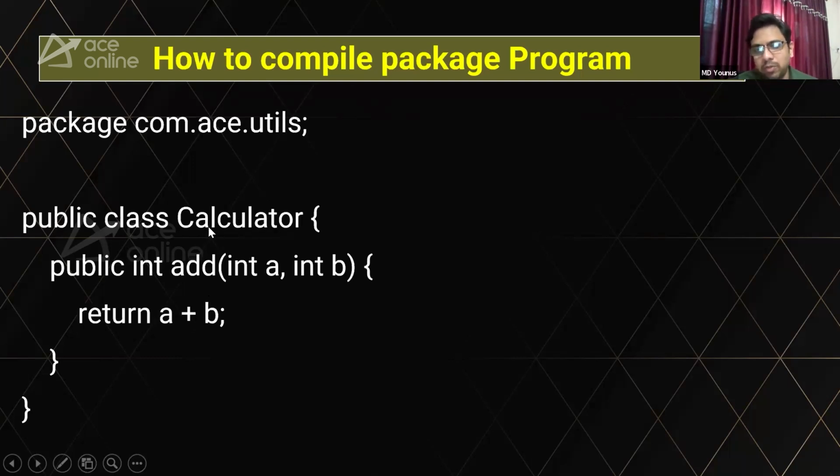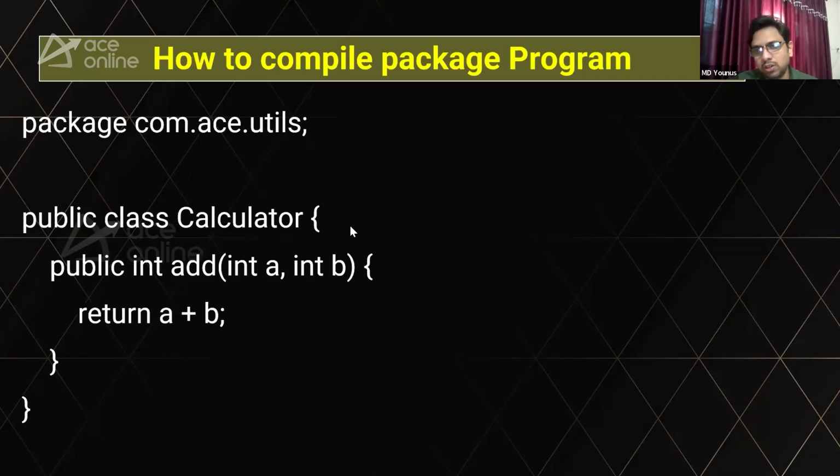Now remember, whenever you want to access the calculator, the rules will change. You need to make sure about access modifiers, and that's the major discussion for today. You also need to see whether the class is visible or not. And the second thing is, if it is visible, then you must import it using these packages, and only then can you use it.